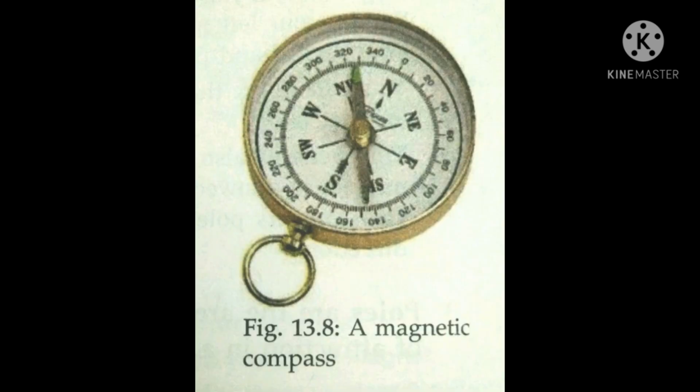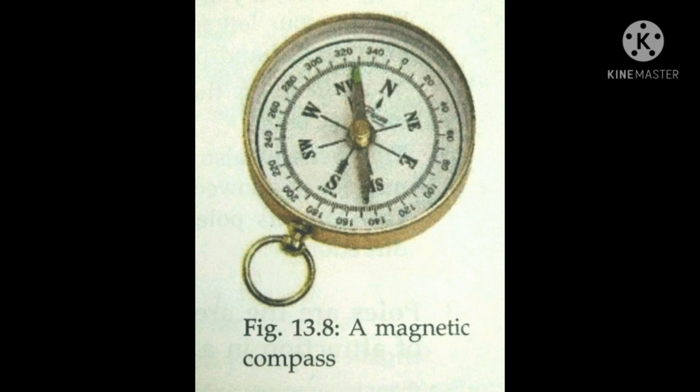See this image. This is a magnetic compass. A compass is used to find direction at a place. A compass is an instrument which has a tiny magnet in the form of a needle at its center that rotates freely on a pivot.